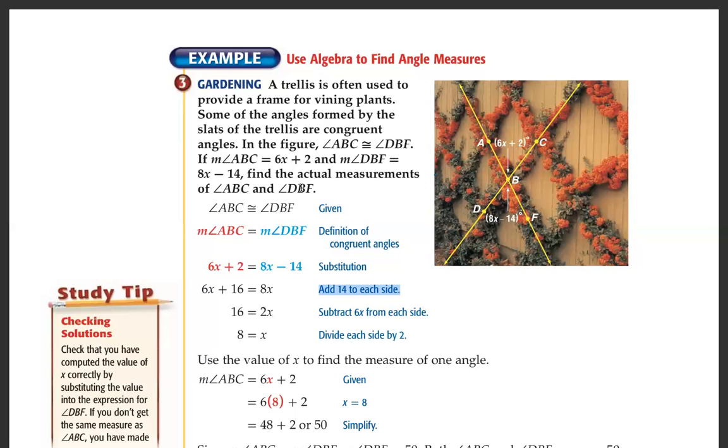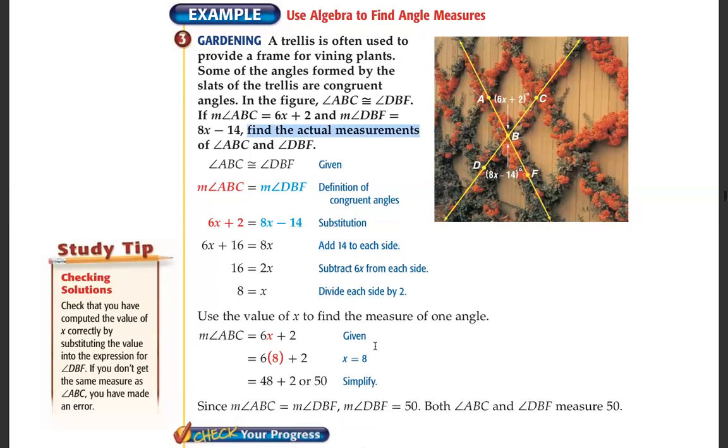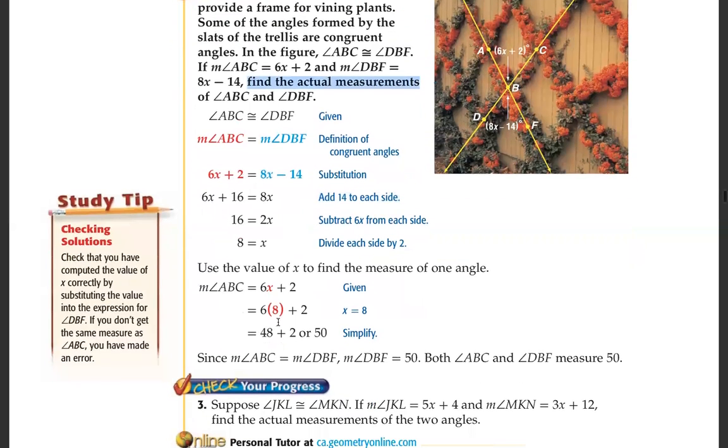The question is, find the actual measurements. The value of x will lead you to the value of the angle. So we will replace. You have that one in algebra. You call it evaluation. You evaluate. So you replace the x with the value that you have solved. So 6x plus 2. Since the two angles are equal, you can just choose one of them.